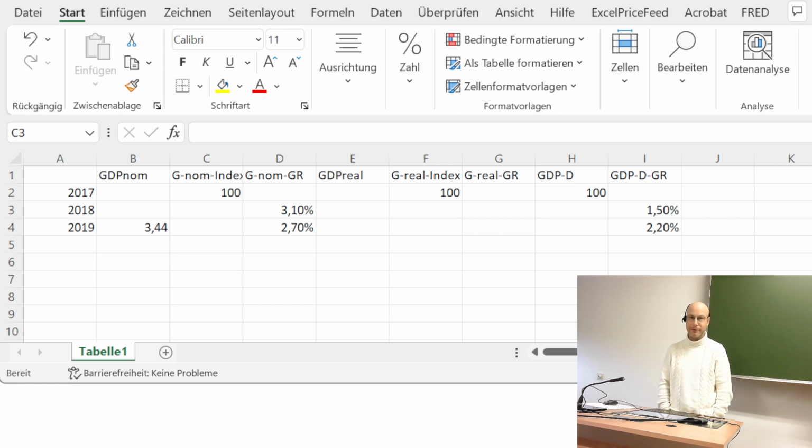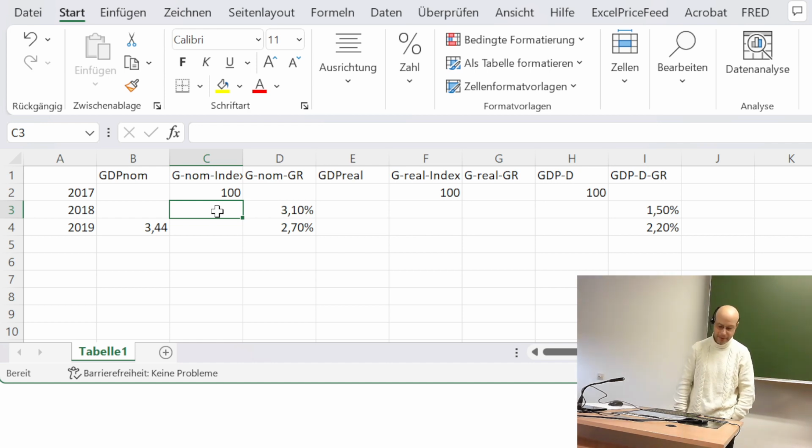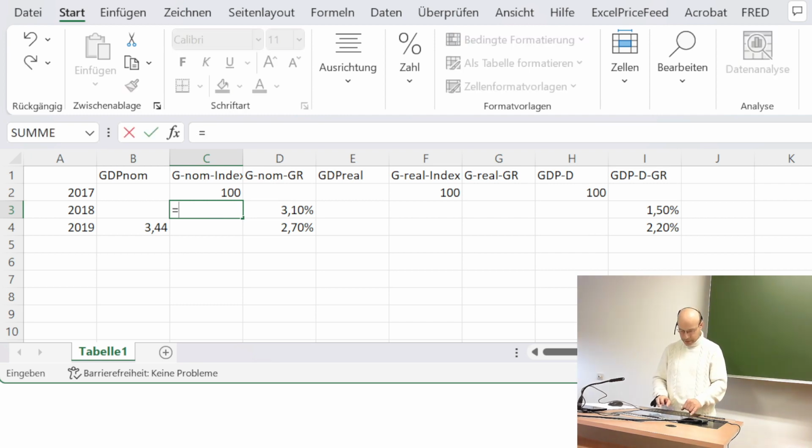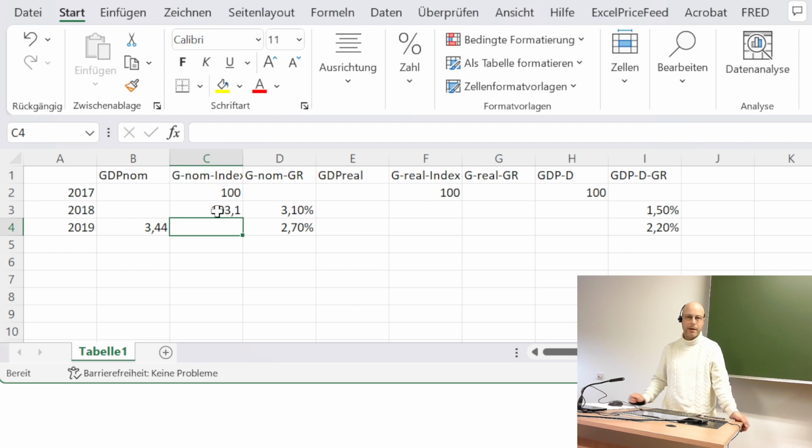So if 100 is growing by 3.1%, then we obtain 103.1. Because this is 100 times 1 plus the growth rate.